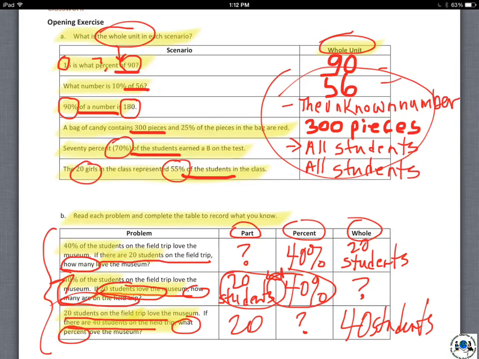So therefore, our percent is our unknown. You can see how in each of these there was a different unknown. The unknown was the part here, the whole here, and the percent in this one. So identifying what each part of the problem represents is a very, very good starting point.